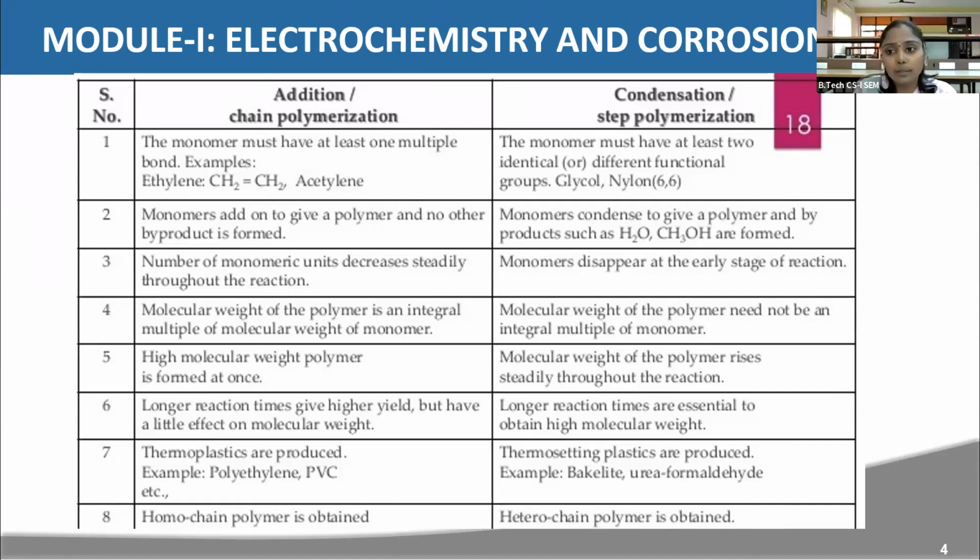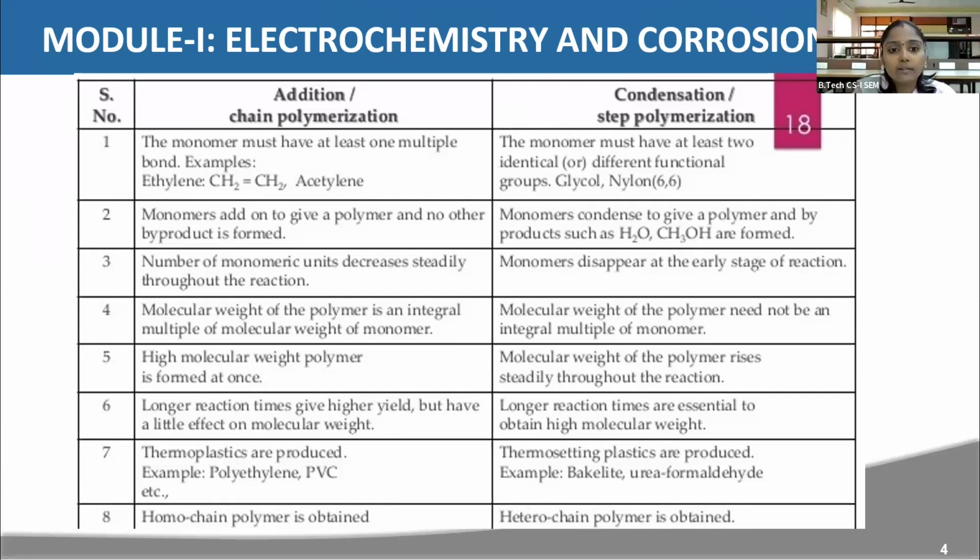In addition or chain polymerization, no byproducts are released from the monomers to give a polymer. In step polymerization, byproducts such as water and CH3OH, methanol, are formed. Some byproducts are released. Those are water and methanol.